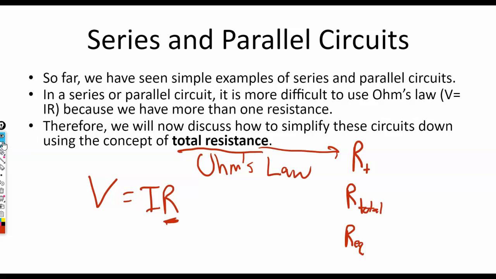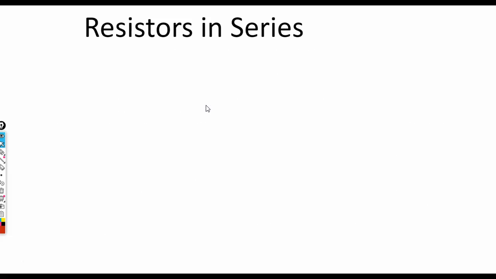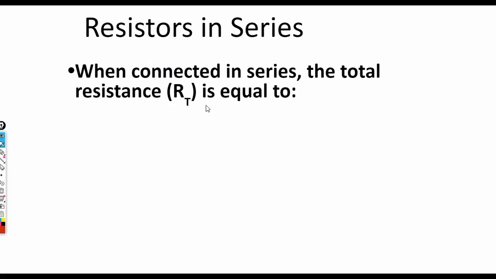All right, so let's take a look at how to do total resistance calculations. It's very simple. To find the total resistance in a series circuit, we're just going to take all of the resistances and add them together.